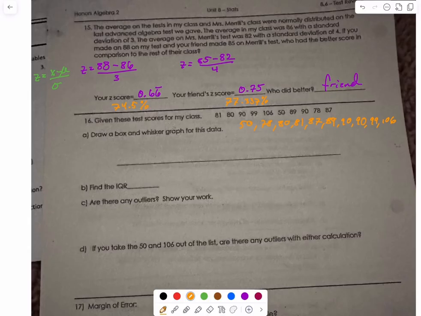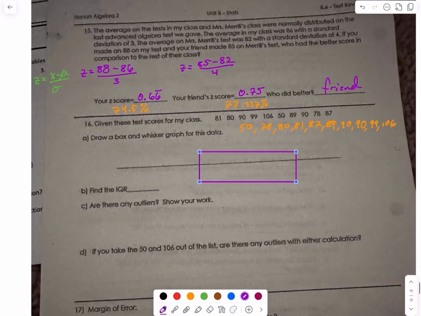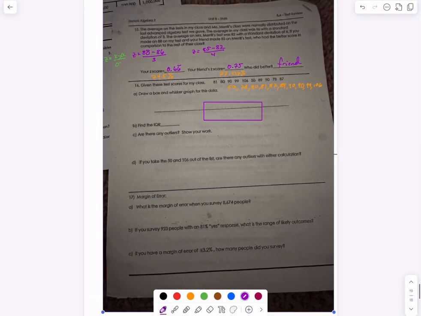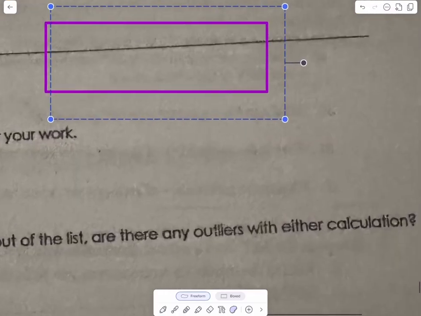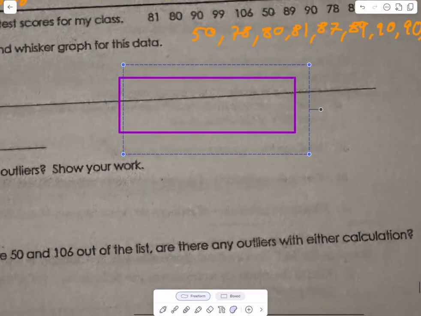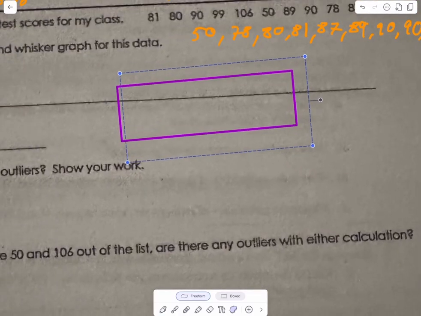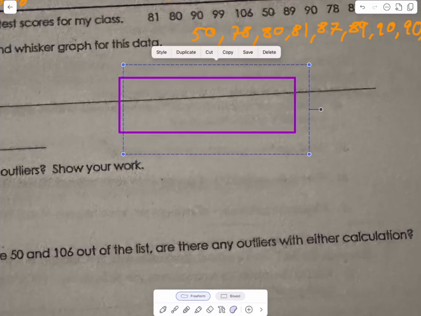So if we're going to do box and whisker, let's do like this, right? And this is our interquartile range. Let's go like this. I don't know how to get it to not snap to a grid.